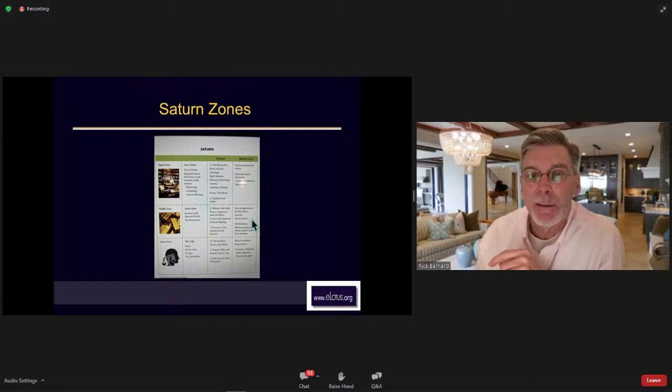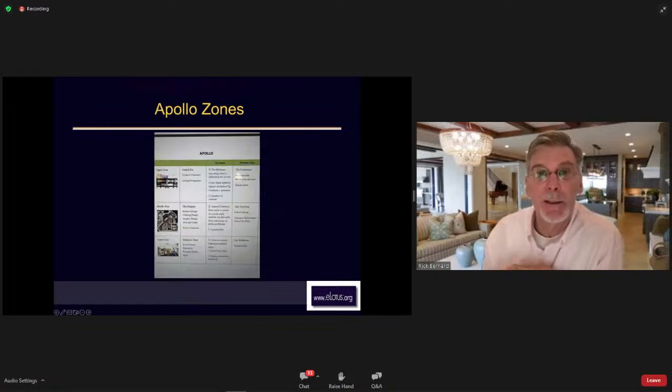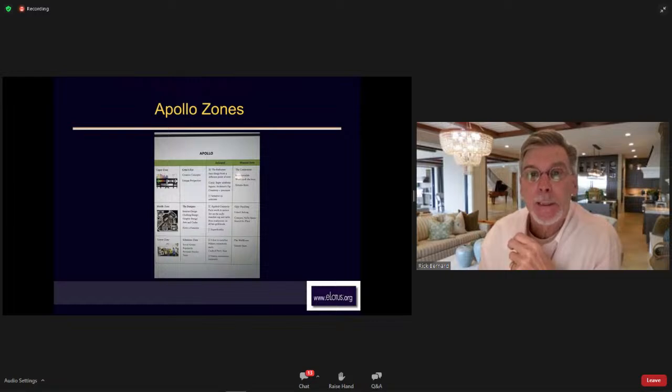Let's see if there's anything else I want to talk about here. Okay, so let's move forward. I'll let you spend time on this. Excuse me, Apollo finger. Again, I talked about the middle zone in Apollo. I don't belong, they haven't found their niche in life.